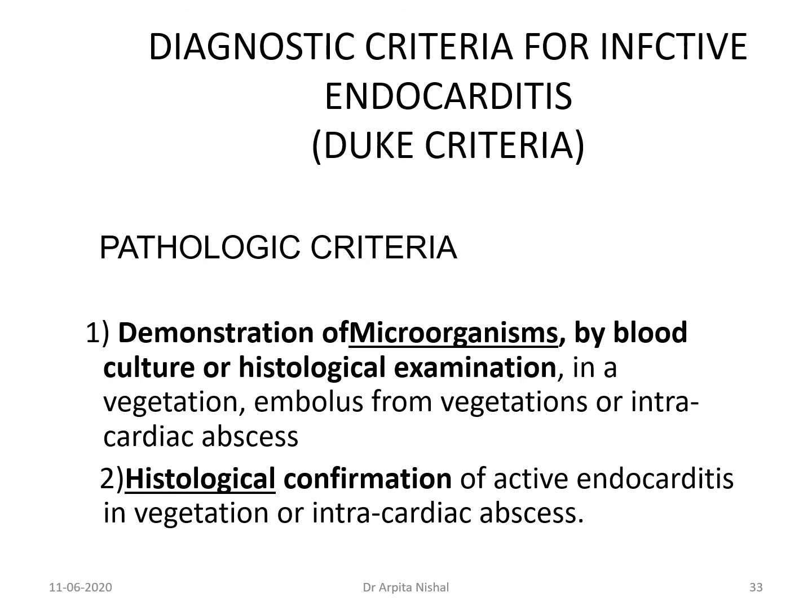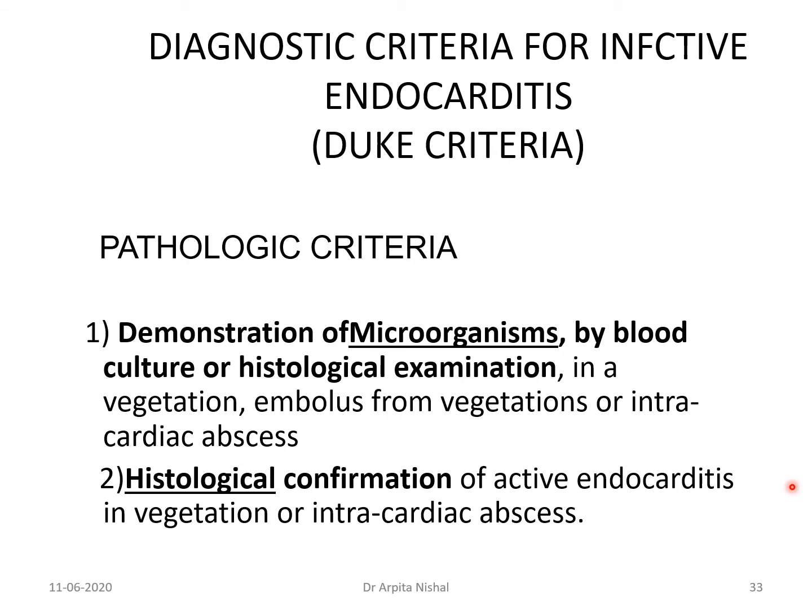For diagnosis of infective endocarditis, to facilitate that diagnosis, we have the Duke's criteria. So this Duke's criteria is divided into two types, the pathologic criteria and the clinical criteria. The pathologic criteria, there are two. One is demonstration of microorganisms by blood culture or histologic examination in vegetation, embolus or an abscess.